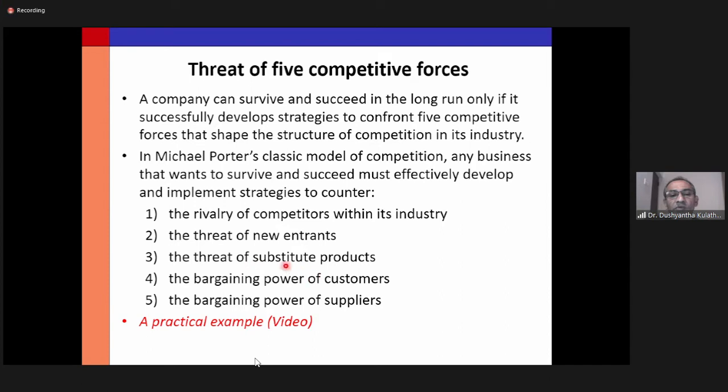Then the threat of substitute product is another force that will prevail in a particular industry. Maybe we have a traditional or conventional product that is sold in the industry, but there can be substitutes offered either by the existing companies or even by the new entrants. If a substitute product is offered by a company, customers may be attracted to it if they start valuing certain aspects of it.